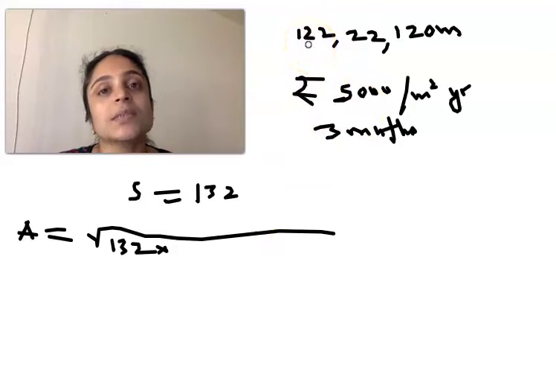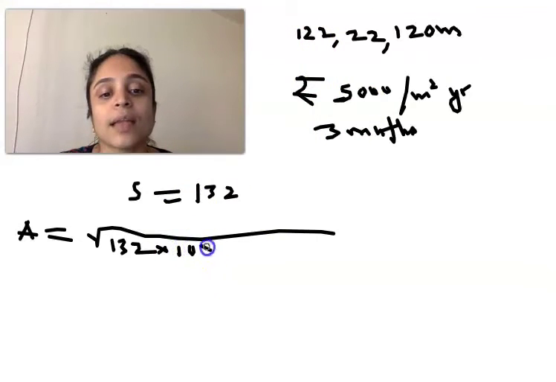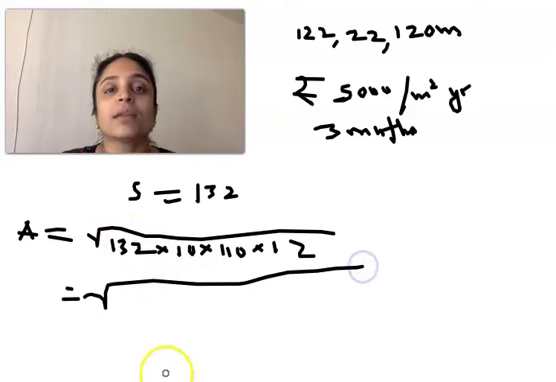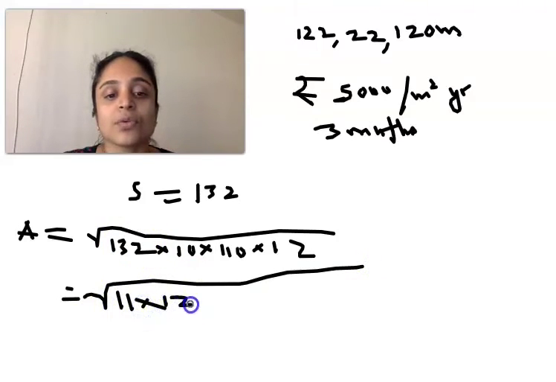Root of 132 into S minus a, which is 132 minus 122, equal to 10. Then 132 minus 22, which is equal to 110. And 132 minus 120 is 12. Now this is equal to root of 132, which is 11 into 12, into 11 into 12 into 10 into 11 into 10 into 12.